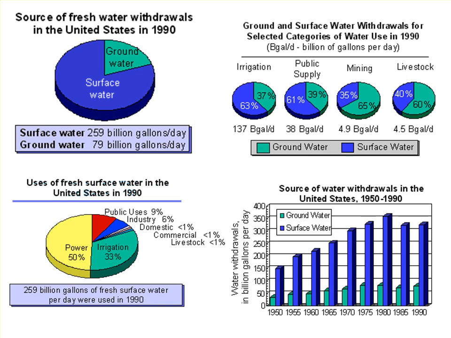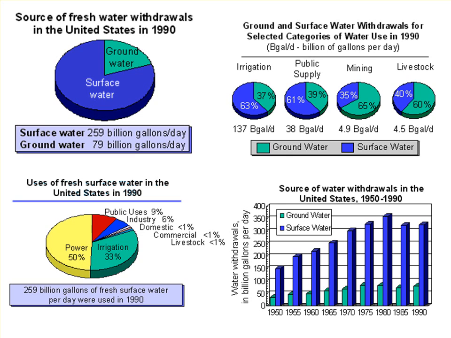Where do we get our water from in the United States? So describe where the U.S. gets its water. Okay, in the upper left corner here, we see how the U.S. gets their fresh water, and this is from 1990.